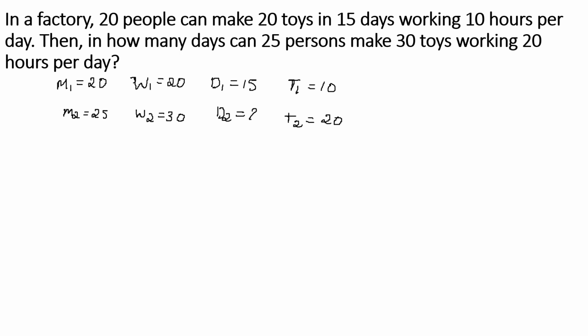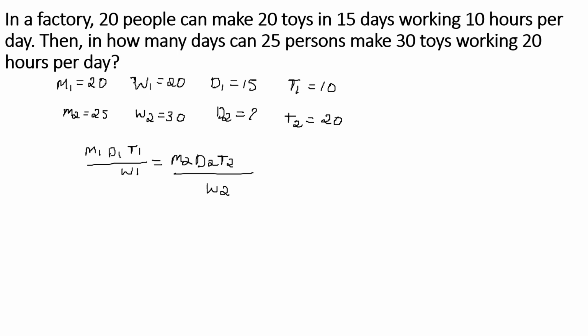So we have the relation as M1 D1 T1 divided by W1 equal to M2 D2 T2 divided by W2.